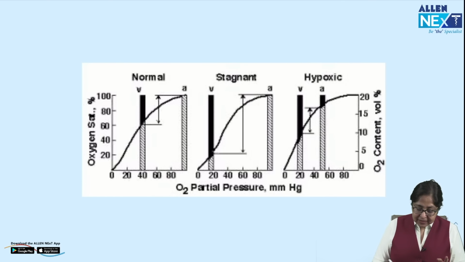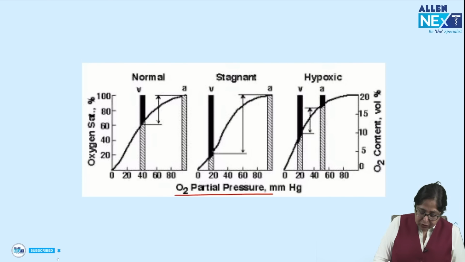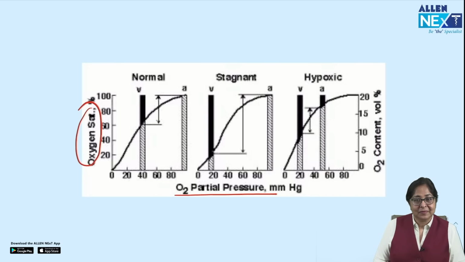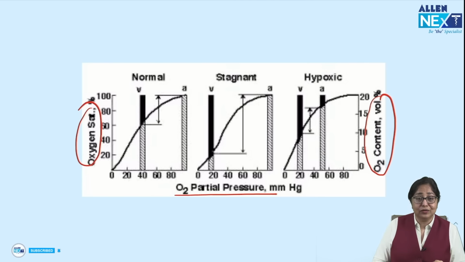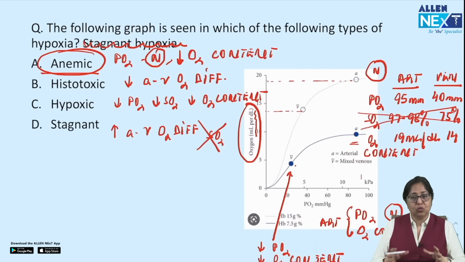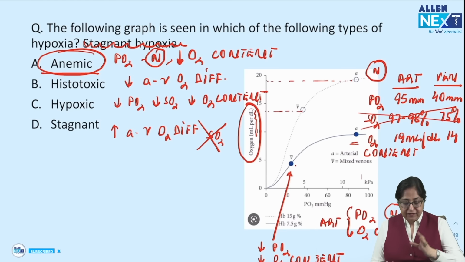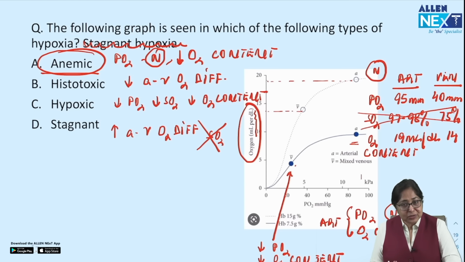So, same thing here, but what is the difference here? Here you have PO2 on the x-axis and saturation on the y-axis. Right side you have oxygen content. So you have to be very careful. The graph which was given in today's INI-CET exam had PO2 on the x-axis and oxygen content on the y-axis. If that was the question which was given to you, then this was anemic hypoxia.